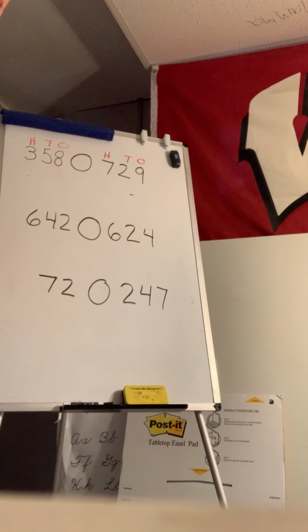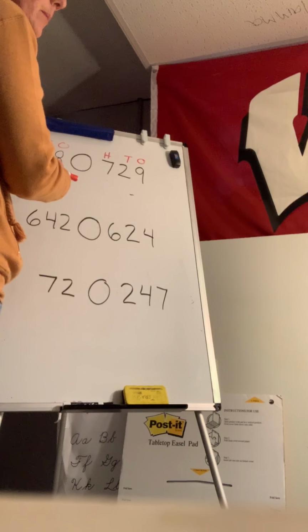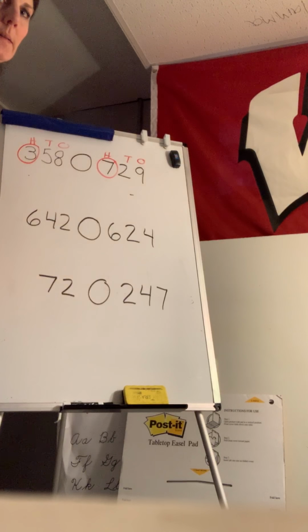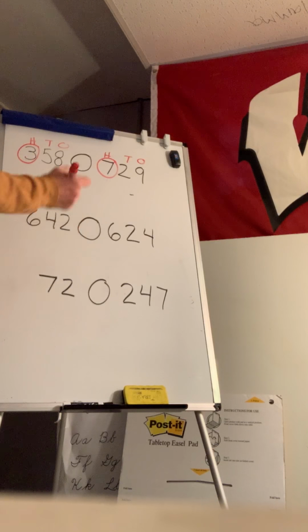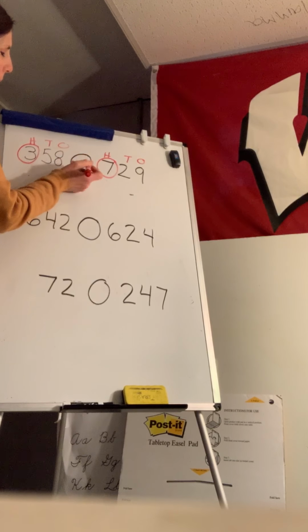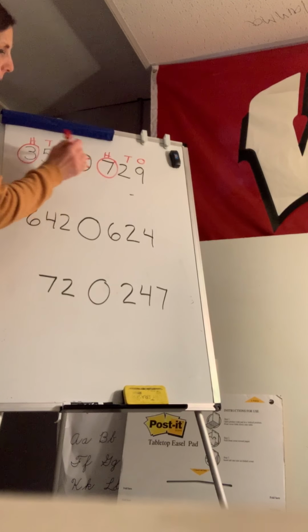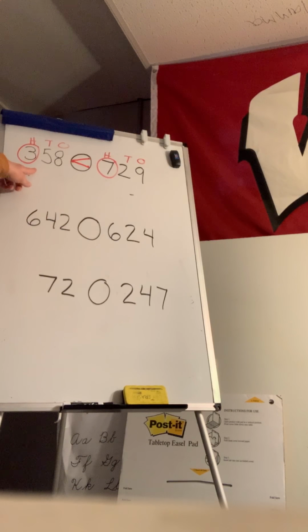The greatest place value is the number on the left, as long as they have the same number of digits. So we're looking at 3 and 7, and we know that 3 is less than 7. We put one dot here, 2 dots by the greater number. We connect our dots, and we read this as 358 is less than 729.